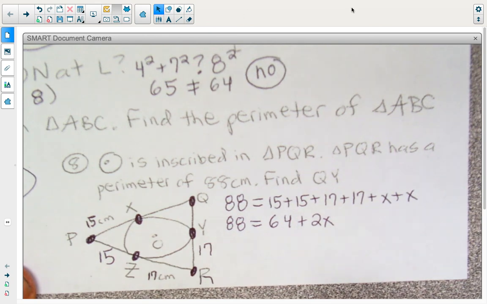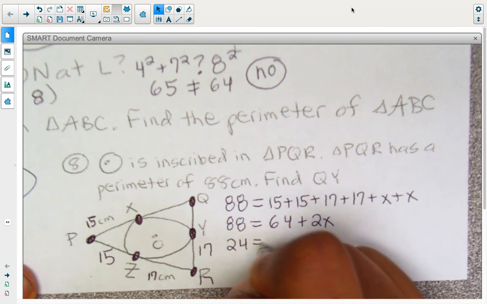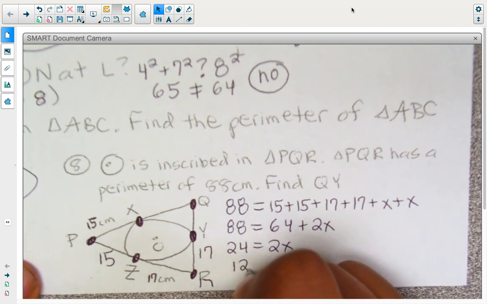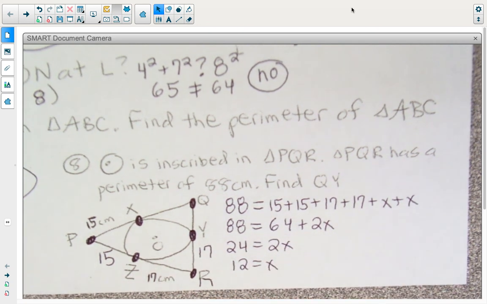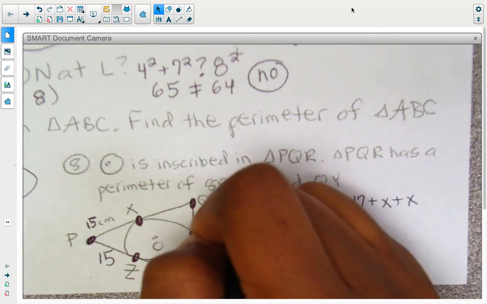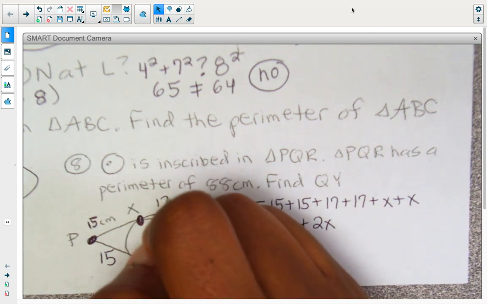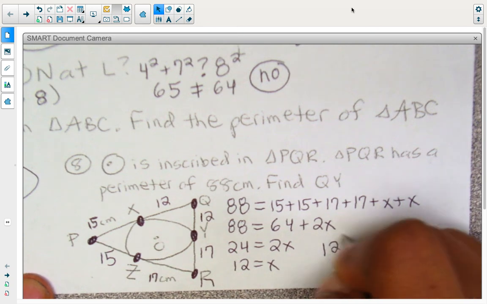Subtract 64 from both sides, I got 24. Divide by 2, I got 12. So X is 12. It says find QY, so QY is 12, and the other part is also 12. So the answer to this problem is 12.